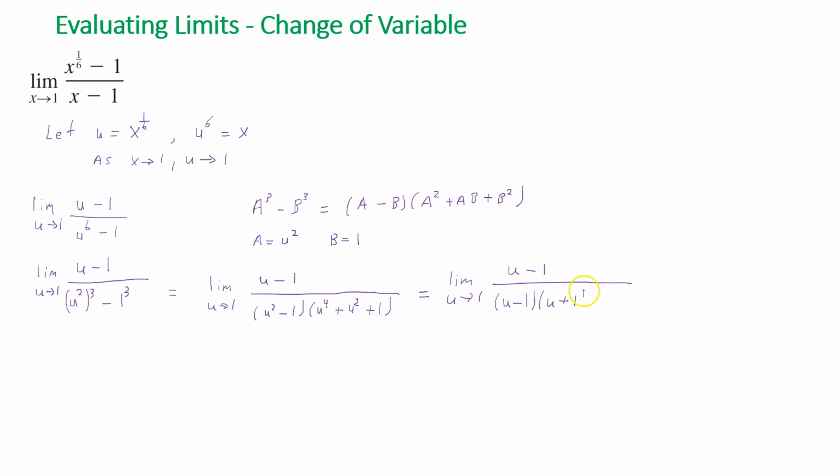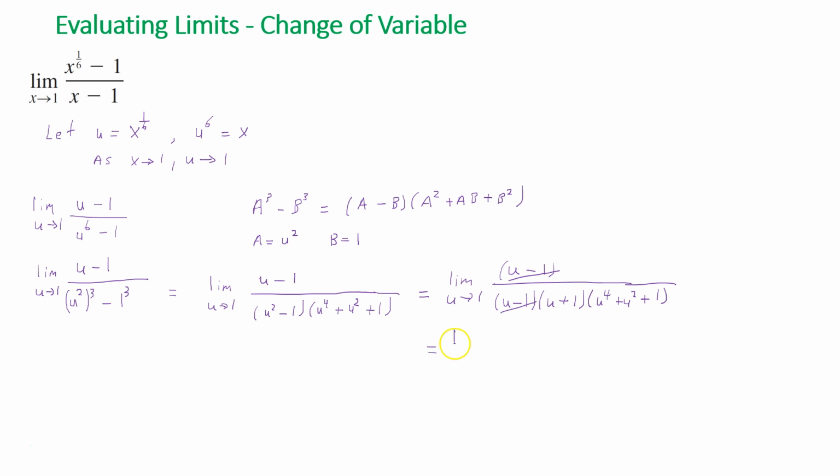So it's a difference of squares. And u to the power of 4 plus u squared plus 1. So now what we have is u minus 1 on top, and we also have u minus 1 on the bottom. And so what we can do is cancel the u minus 1.